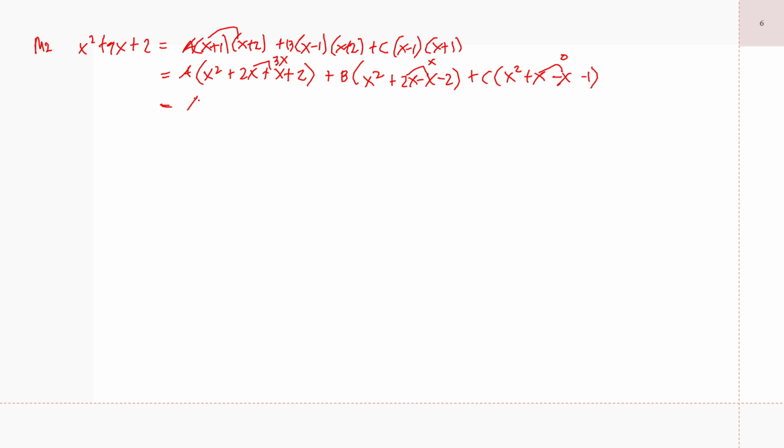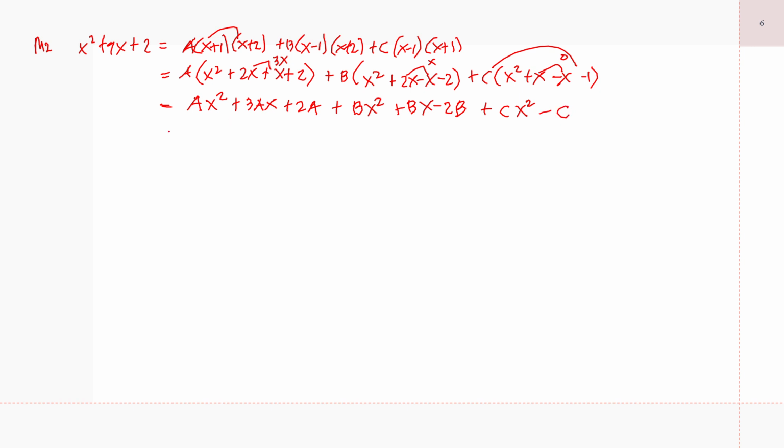So ax squared plus 3ax plus 2a, plus bx squared plus bx minus 2b, plus cx squared multiply by minus c.